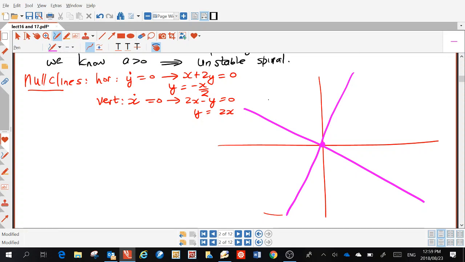They're not eigenvectors. They give us an idea of the direction of flow. So we take some typical numbers. Let's take a number here, like say 1, 2. So these are vertical. These are horizontal.